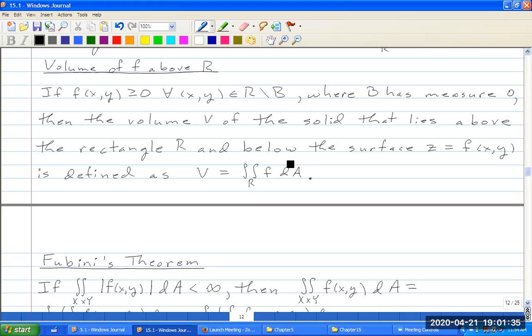And so the volume of F, just like the area under the curve, of course, so if F is non-negative, like in the one-dimensional case, then the area under the curve is just given by the integral.